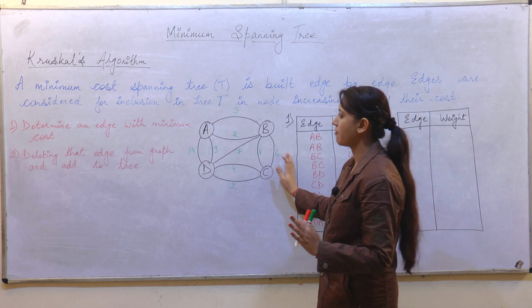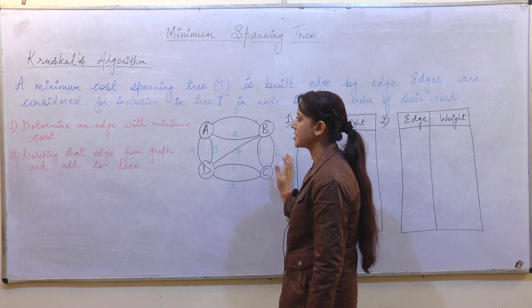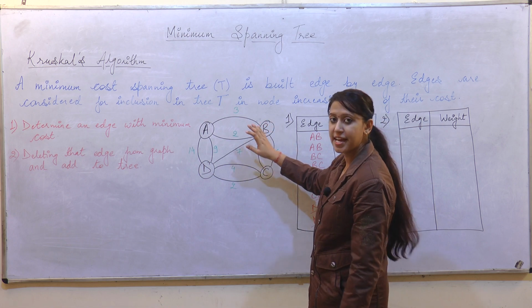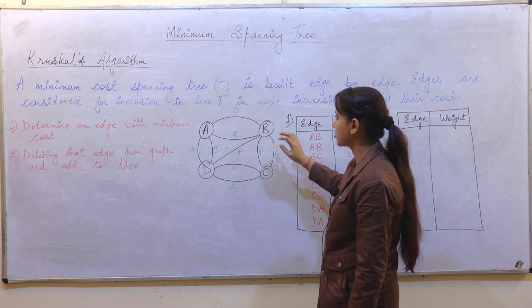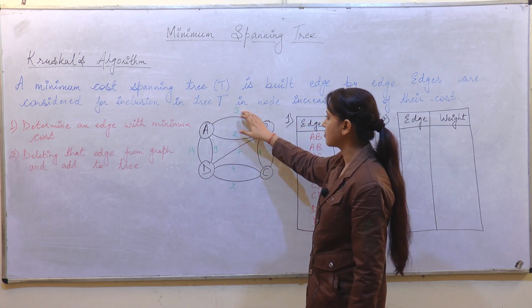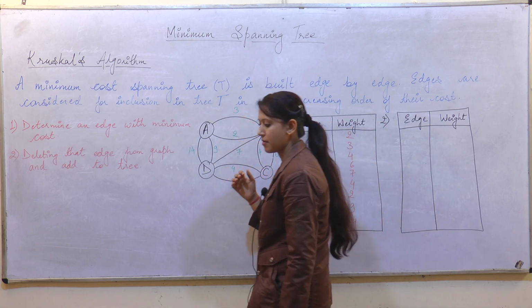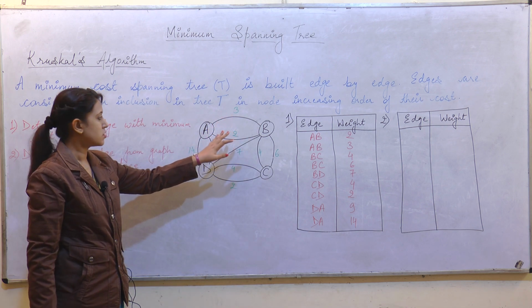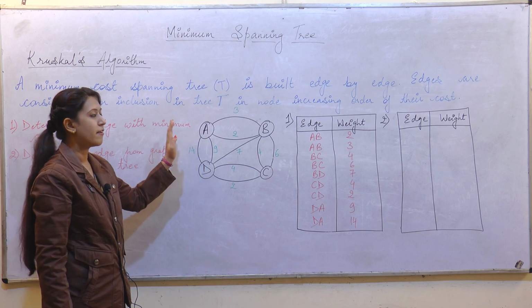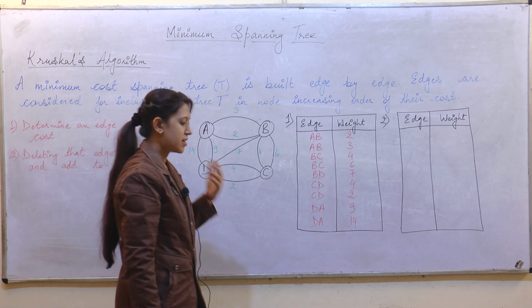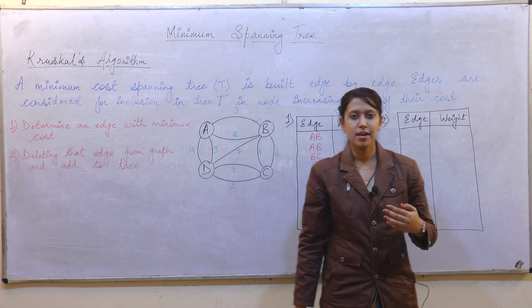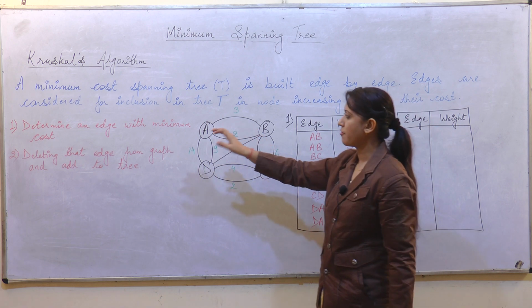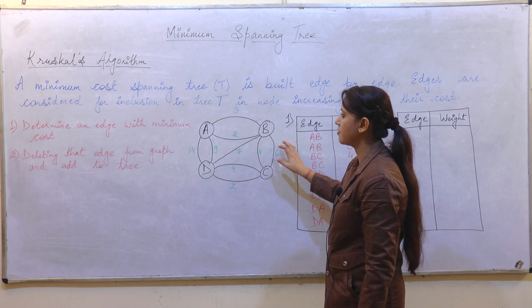These are the costs. Minimum cost means the weight, the cost which is given along with the edges. These costs and weights are used to travel from one node to another, and to travel from one node to another we will always take the minimum cost. So our first step is to determine an edge with minimum cost.